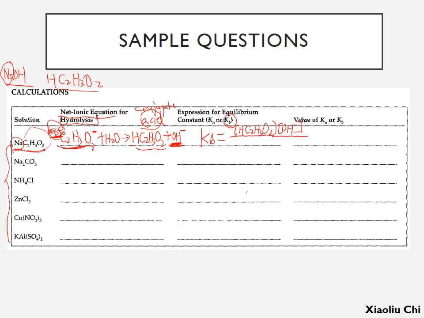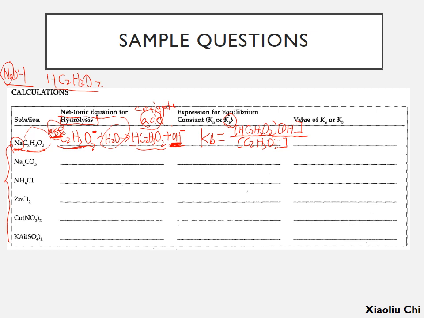Okay, so the products divided by reactants, here the reactant is the anion C2H3O2 minus. And what about water? Okay, you don't need to include water in this equation. If you do, that's called the equilibrium constant. For Ka, Kb, you ignore water concentration, so that's Kb.